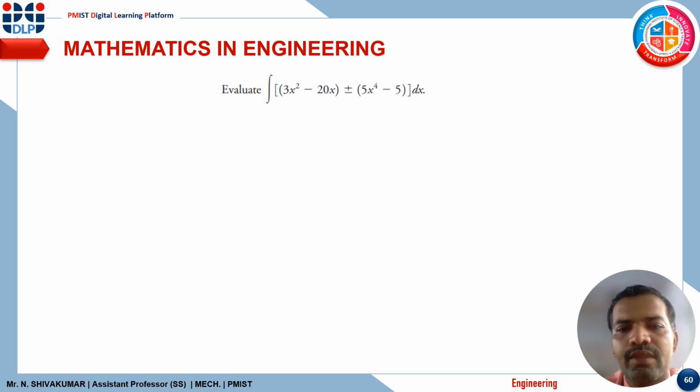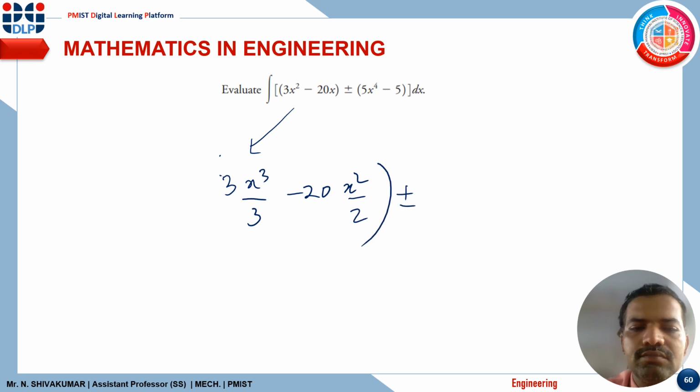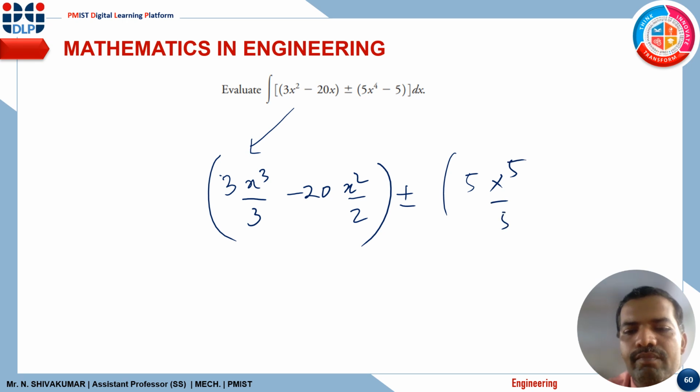Similarly, you apply the UV method here. Here it is in addition. Okay. So it is simple addition. We just integrate these two terms separately. Okay. So integrate 3x cube by 3 minus 20x square by 2, plus or minus 5x power 5 by 5 minus 5x.